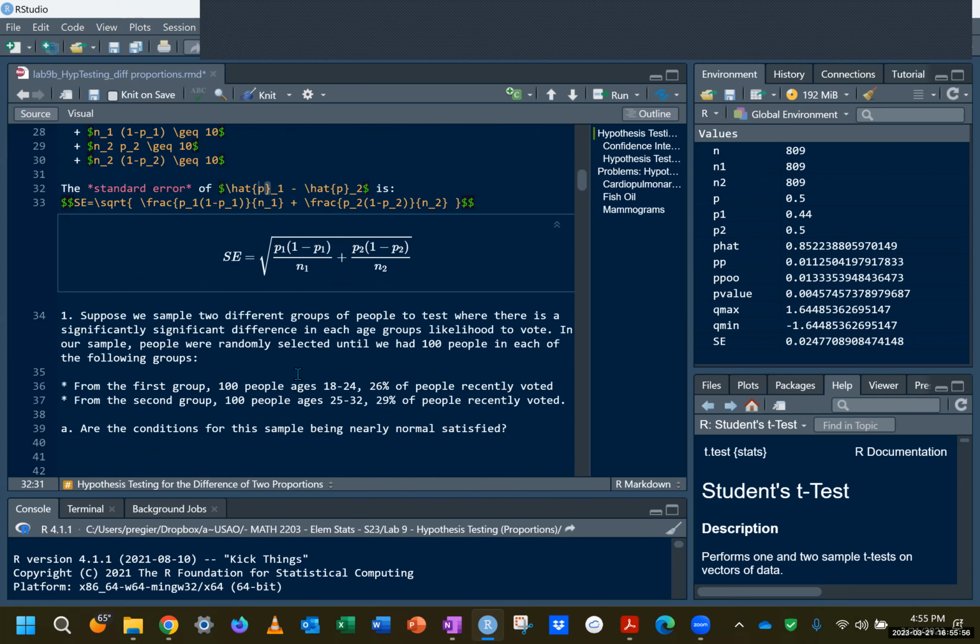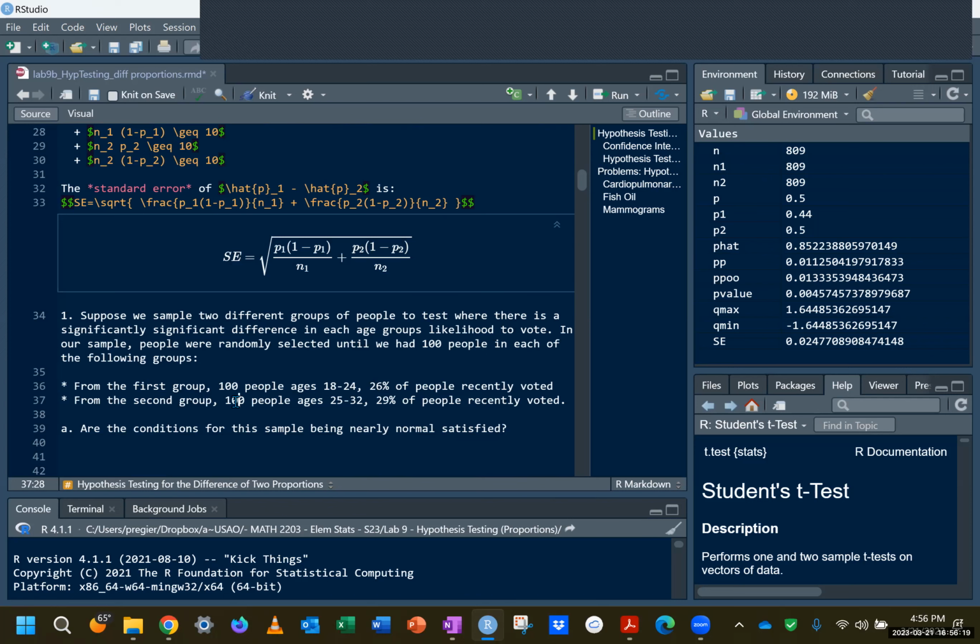Here's a situation where you'd use a difference of proportions test. We've got two groups, and we're asking, what's the likelihood of different age groups voting? For the people that are 18 to 24, out of 100 people, 26 of them, or 26%, recently voted.